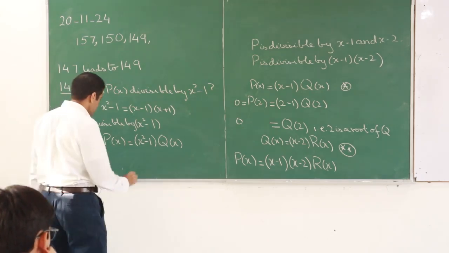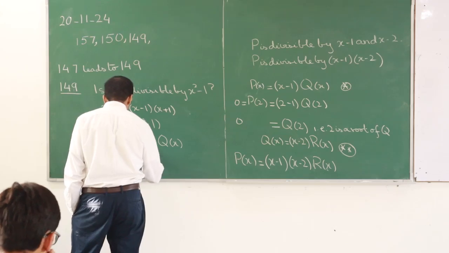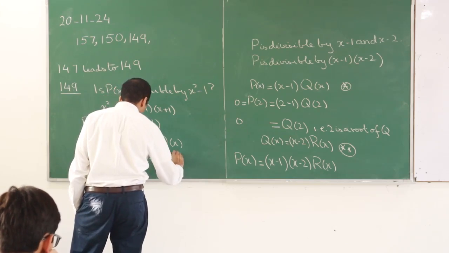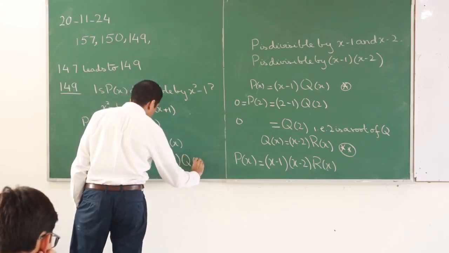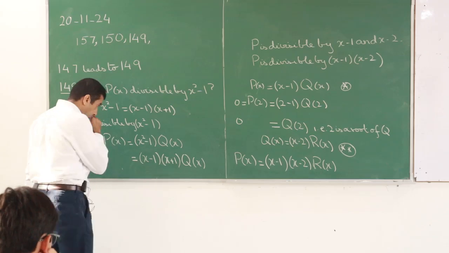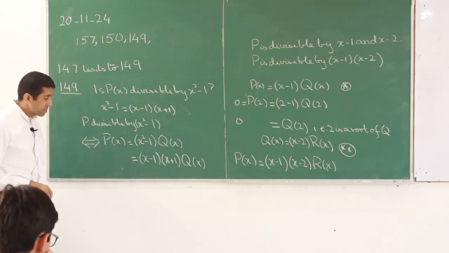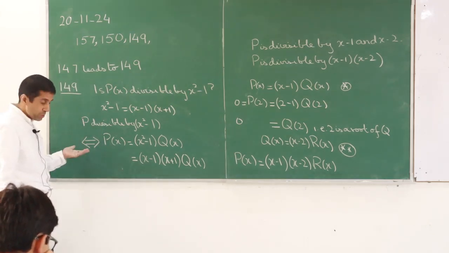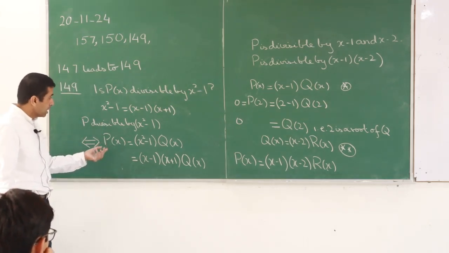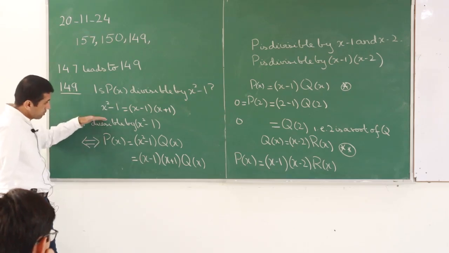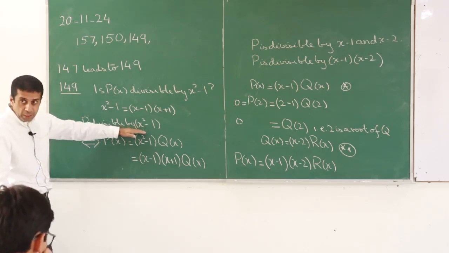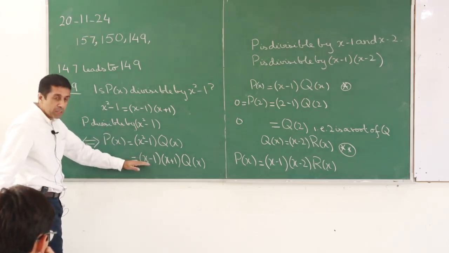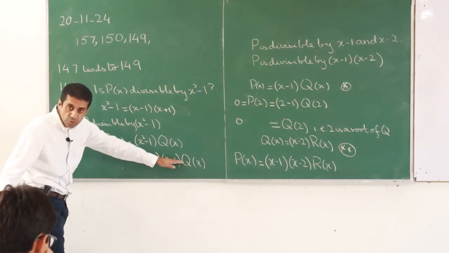So that means that this is equal to x minus 1 into x plus 1, because I know that this is true. So now what this is saying is, if p is divisible by x square minus 1, then p is equal to x minus 1 multiplied by x plus 1 into q of x.